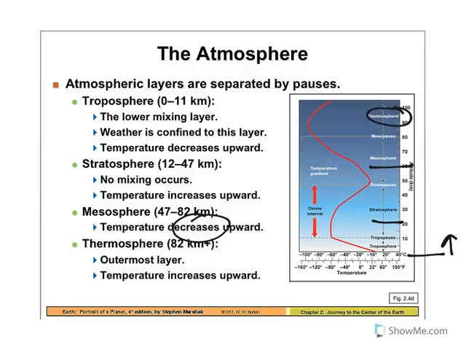And then our thermosphere, by its name, heat, is our outermost layer, and the temperature increases. Again, the easiest way to remember this is it's due to our temperature changes. Troposphere, temperature decreases; stratosphere, temperature increases; mesosphere, temperature decreases; and then the thermosphere, it increases.